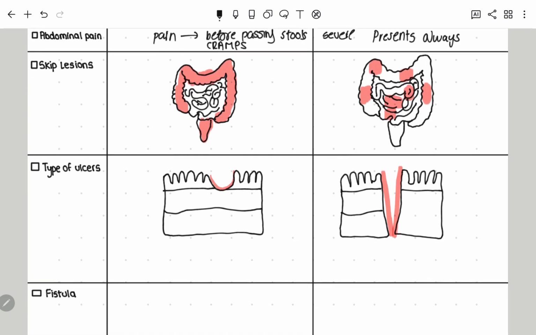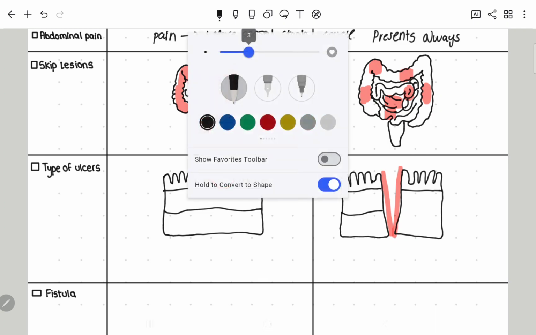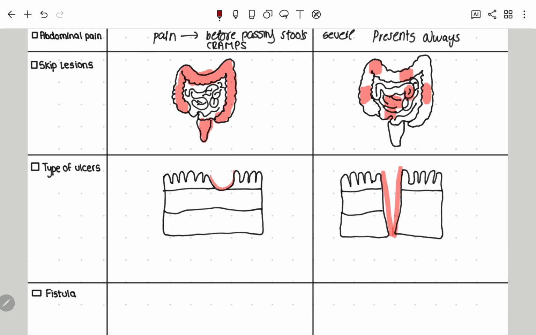Then the next feature that we need to talk about, which differentiates ulcerative colitis from Crohn's disease, is the presence or the absence of skip lesions. And the first thing you need to know is, by definition, what a skip lesion actually is.